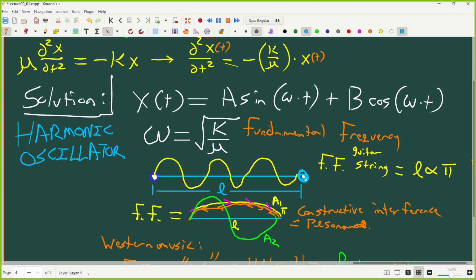Because the only solutions of them are the fundamental frequency and its harmonics. The only stable, constructive oscillations of your spring or your guitar wire are the fundamental frequency and its integer multiples. Right? That's what we mean by harmonic. That the allowed frequencies of your spring are integer multiples of each other.